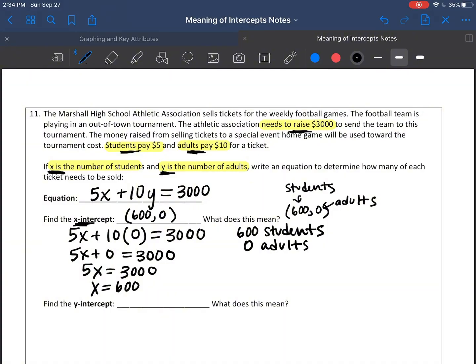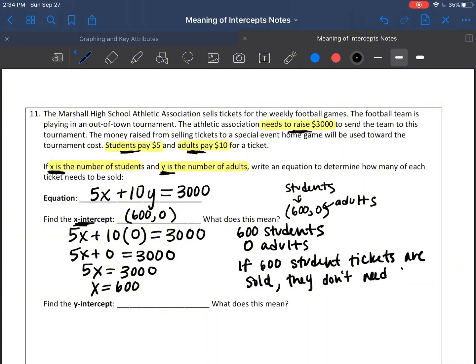And so the meaning is, let's see, we're dealing with money raised from selling tickets. And so if 600 student tickets are sold, they don't need to sell any adult tickets.